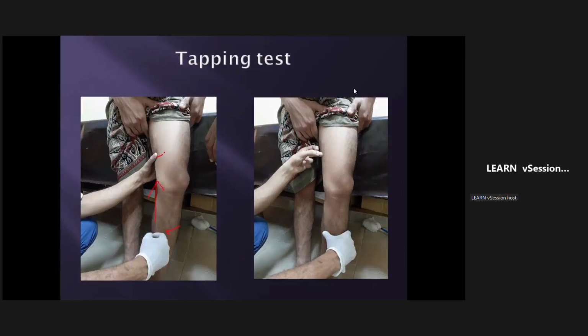But if you reverse the tapping, so tap above and feel below, and you could feel it in this spot, it is abnormal, because blood is not supposed to travel this way in the lower limb veins. Did you all get that? Yes. Right. So that's a tapping test.